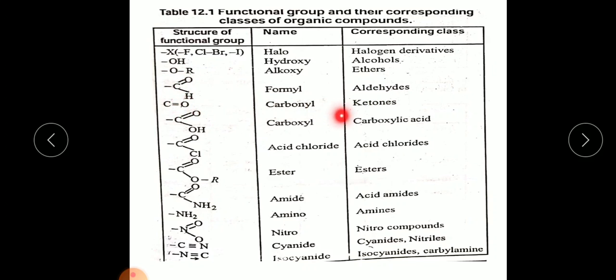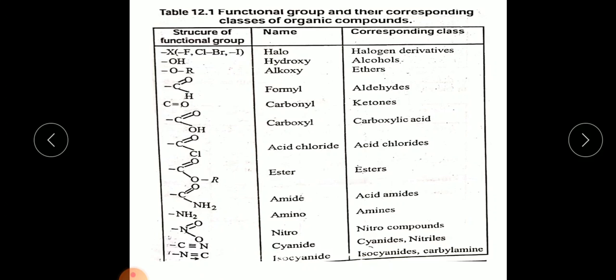CO, carbonyl, is ketones. COOH, carboxyl, is carboxylic acids. COCl is acid chlorides. This group is an ester. This is an amide, CONH2. NH2 is amino, and the corresponding class is amines. Then nitro compounds, CN cyanide, and NC isocyanide. So these are the important functional groups of organic compounds.